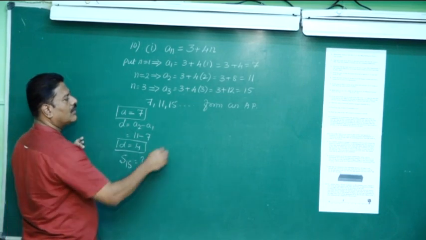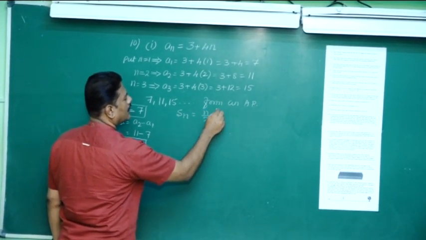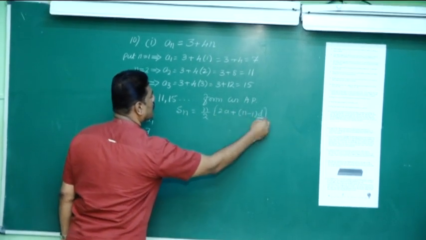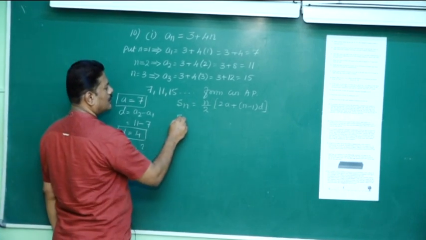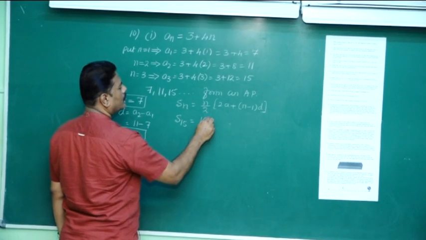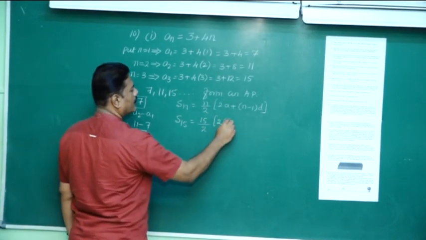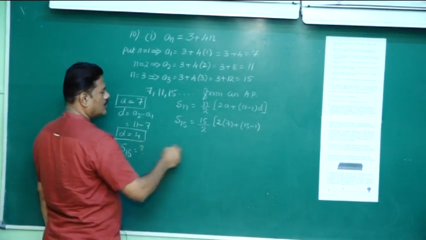Now what is the formula to find the sum to n terms? Sn = n/2 [2a + (n - 1)d]. Now you substitute these values in their respective places.